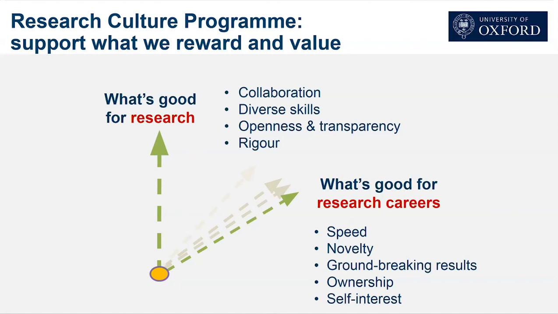Towards what's really good for research: it's good to collaborate, to share data in a meaningful way, to recognize diversity of skill, the contribution of the software engineer, for example, of the data curator. What we want to recognize is open transparency and rigor of the work. And so we want to bring the dial from what's good for researcher career to what's good for research, because at the moment it is not.